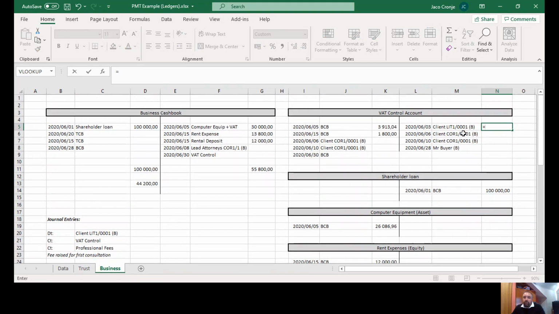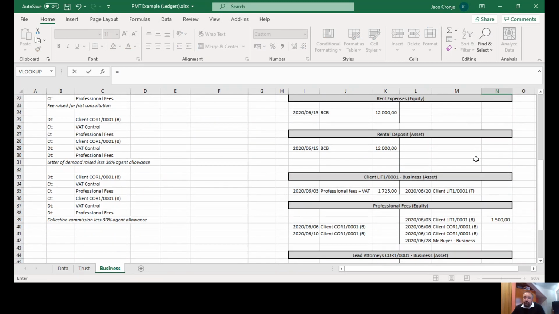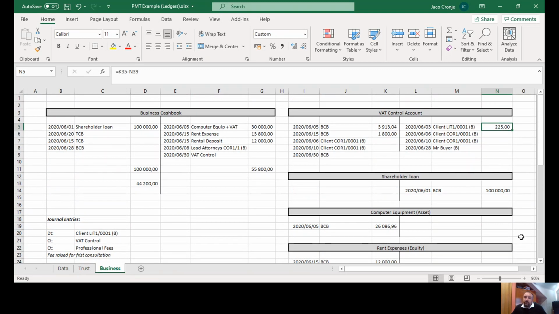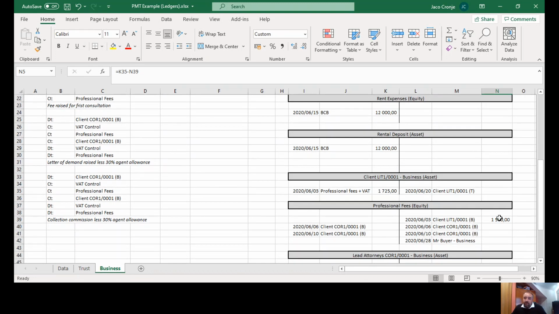So do you see, now it's a credit on the VAT control because that money must go to SARS. So if I say inclusive, less exclusive, 225 goes to SARS. If I add my credit legs together, it gives me 1,725. So my debits equal my credits on this transaction, and I'm happy it is now done.